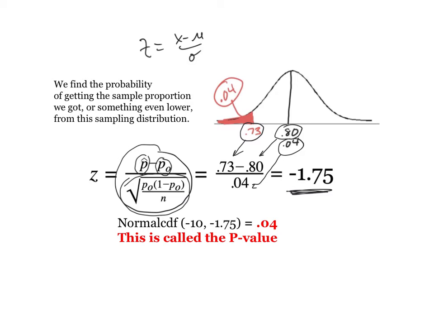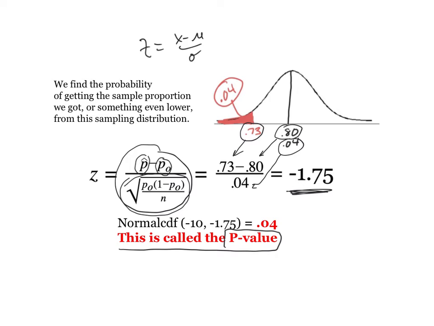That 4% has a special name. It's called the p-value. And basically what it means is there's a 4% chance of getting 73% or less people saying that they're satisfied with their electricity company if the real percent is 80%, okay?